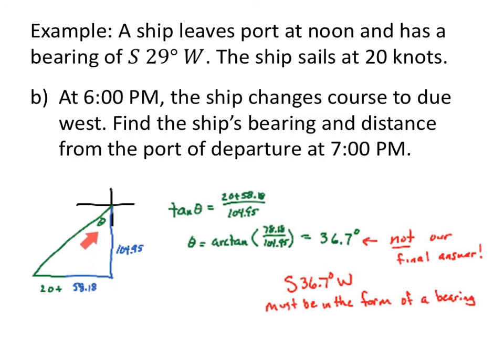I can find my angle. My angle is opposite over adjacent. Tangent of theta equals 20 plus 58.18 over 104.95. I have to use found values for this. Using arctangent to get the angle by itself, theta equals inverse tangent of 78.18 divided by 104.95, 36.7 degrees.